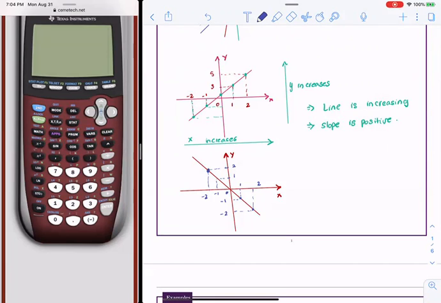When x is -1, y is 1. When x is 0, y is 0. When x is 1, y is -1. When x is 2, y is -2. Now, if you can't see it right there, you could also use the table.